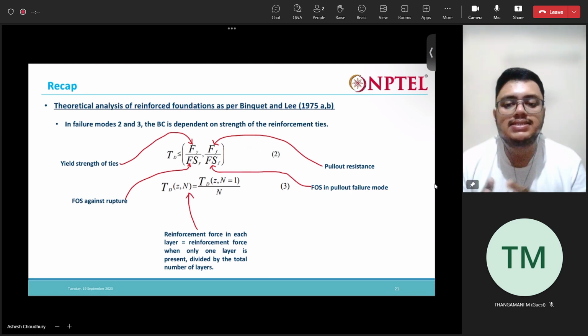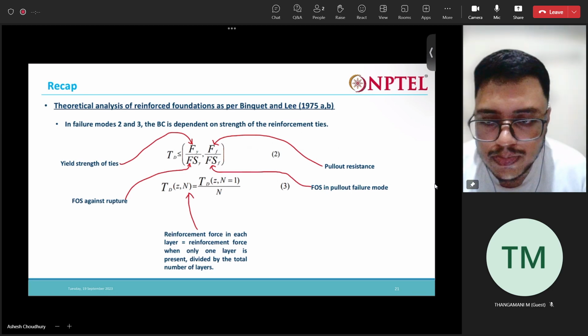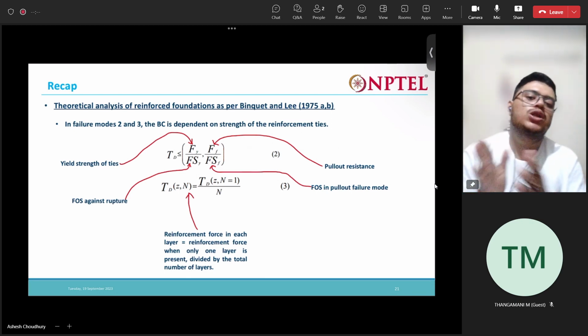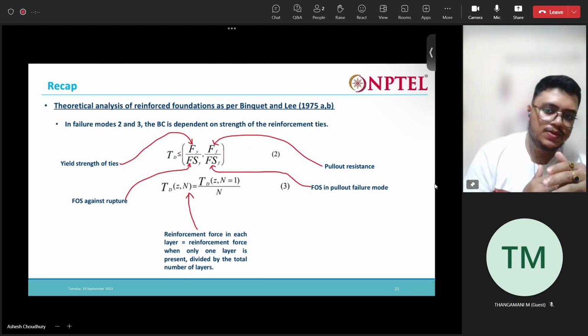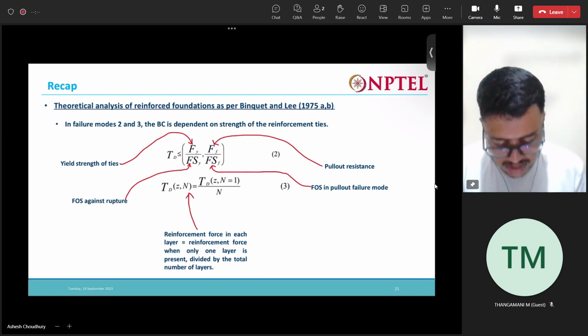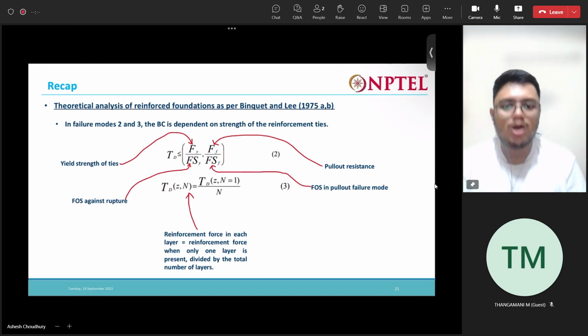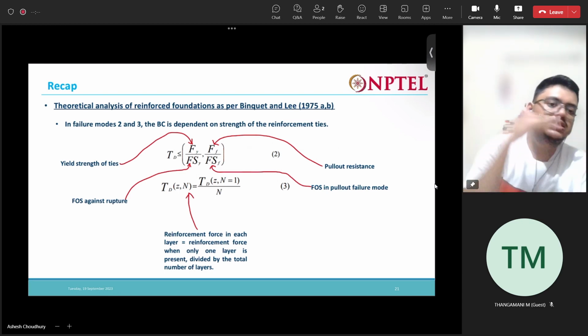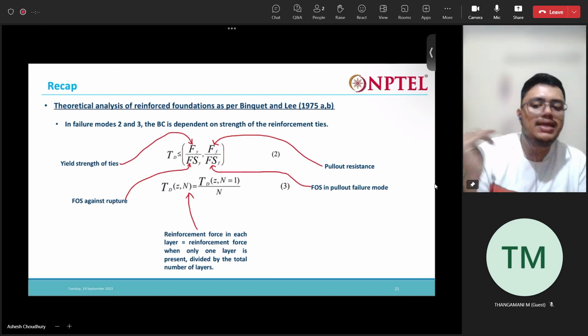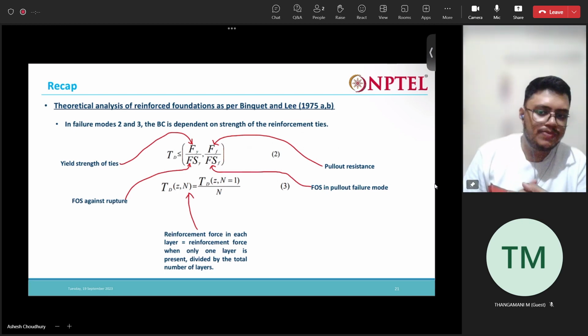So it is taken as the minimum of the yield strength of the ties and the pull out resistance of the ties. Here you can see TD should be less than or equal to the yield strength of the tie, where TD is the load coming onto each reinforcement tie.